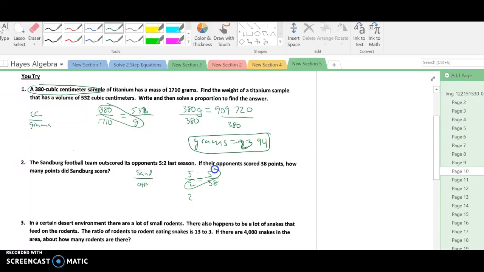So cross multiply this way. 2 times S is equal to 38 times 5, which is 190. And now, if I divide 190 by 2, Sandburg scored 95 points.